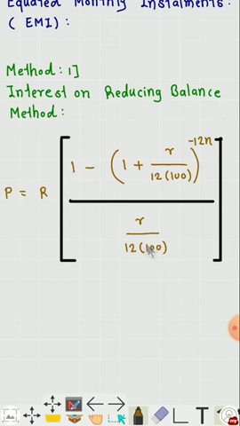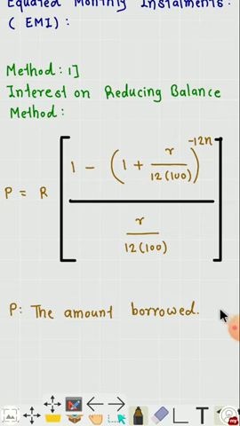Here P denotes the present amount, the borrowed amount.